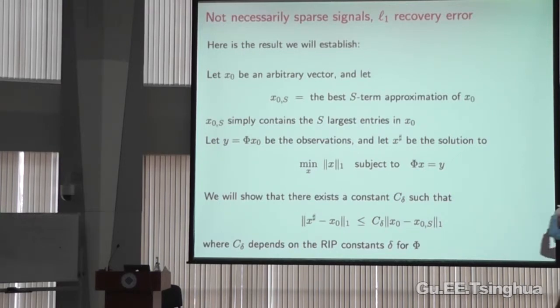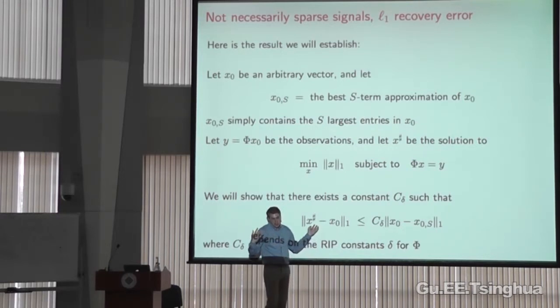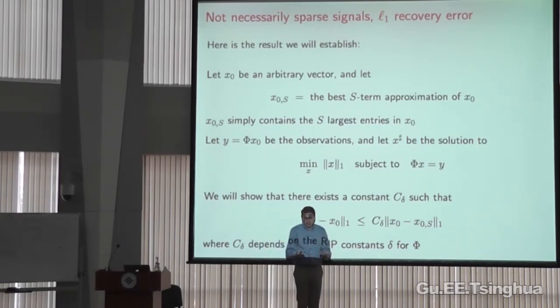Phi is a matrix which obeys this restricted isometry property for vectors which are 3S sparse. And what that says is, if x naught was exactly S sparse, I could recover it exactly. Now x naught is not exactly S sparse, and I can recover something as good as the best S-term approximation.